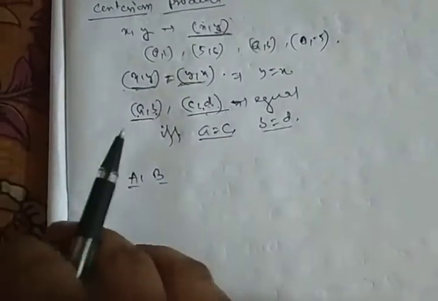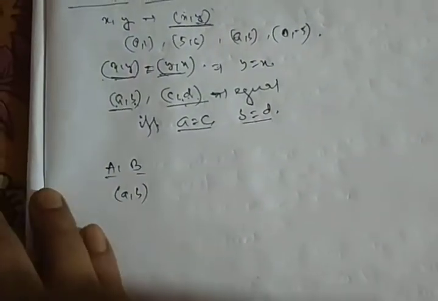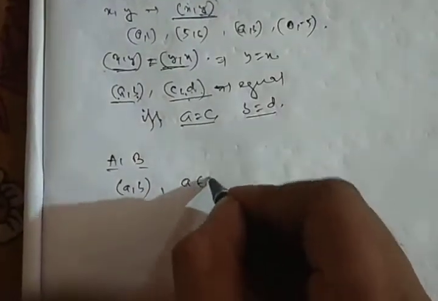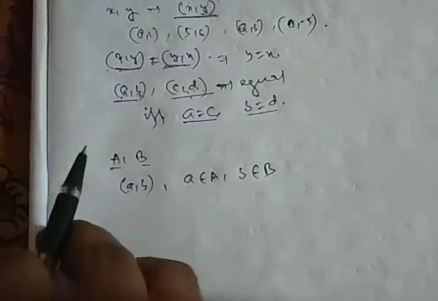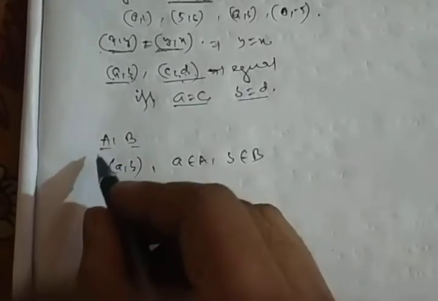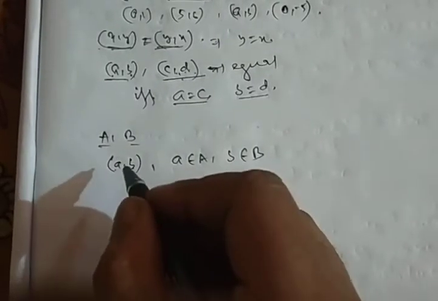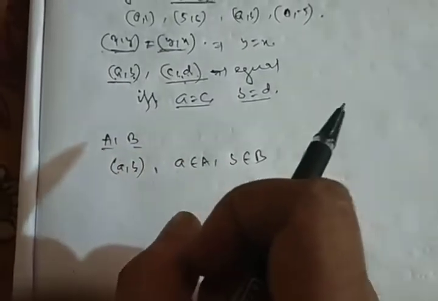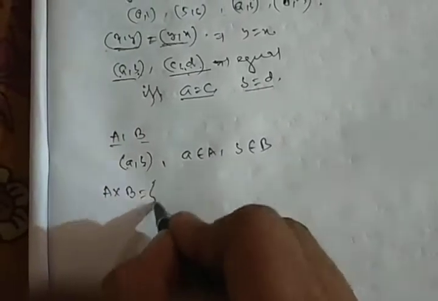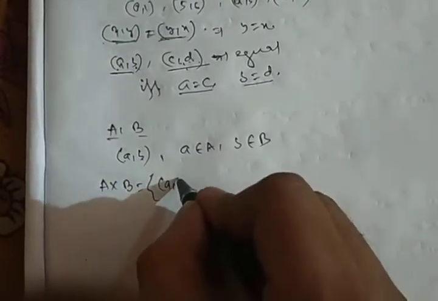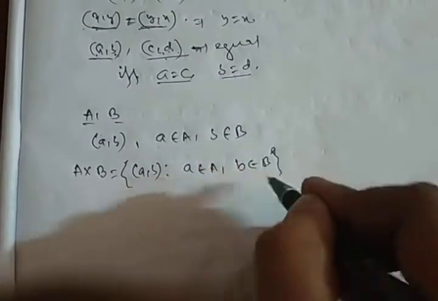Then the Cartesian product of these two sets is defined as all the possible ordered pairs (a, b), where a belongs to A and b belongs to B. So the first element comes from the set A and the second element comes from the set B. Then the set of all these ordered pairs will be the Cartesian product of A and B, which is written as A cross B. A cross B is the set of the ordered pairs (a, b) such that a comes from A and b comes from the set B.